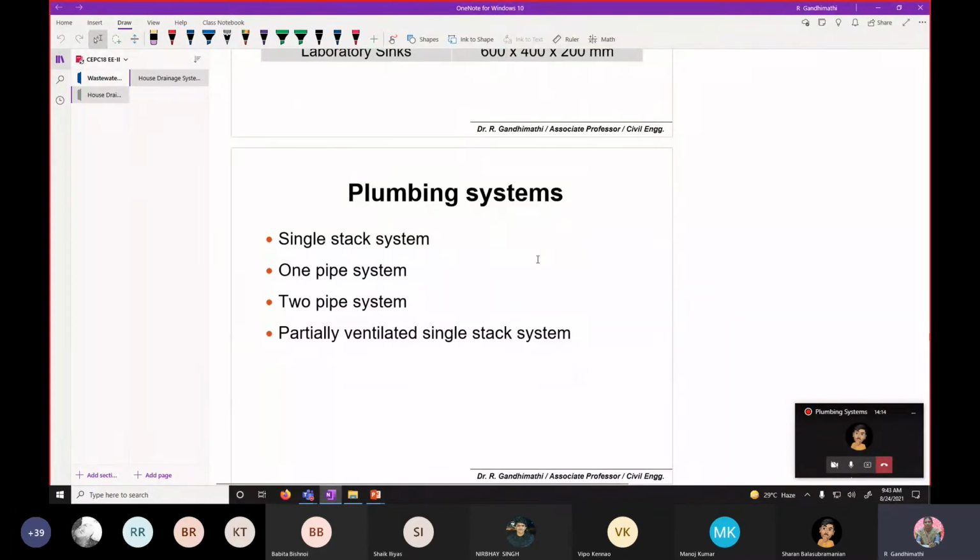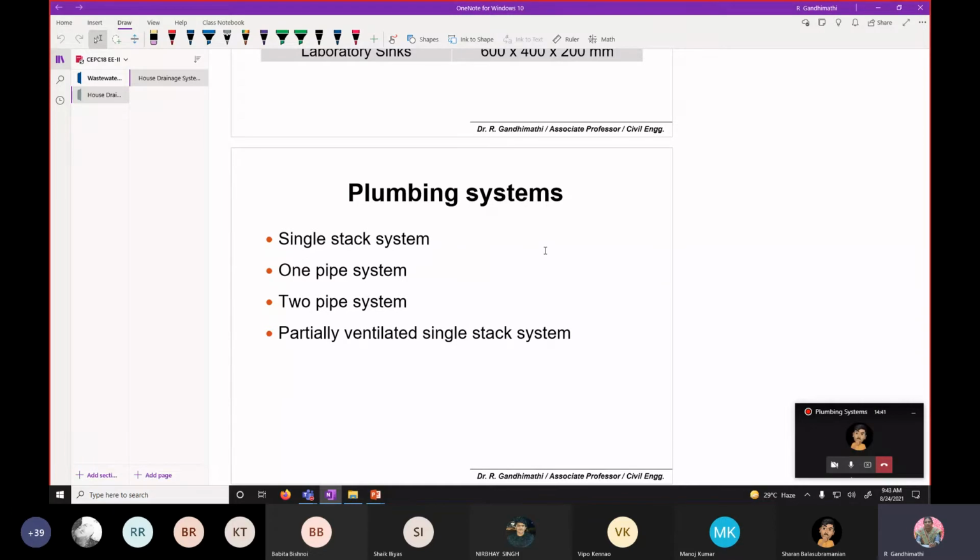Then coming to the plumbing system, the plumbing systems are classified mainly based on the number of pipe provisions. For example, in some houses, if you look from the back side, you can see only one vertical pipe. In some multi-storied buildings you can see two vertical pipes, and in some you can see four vertical pipes.